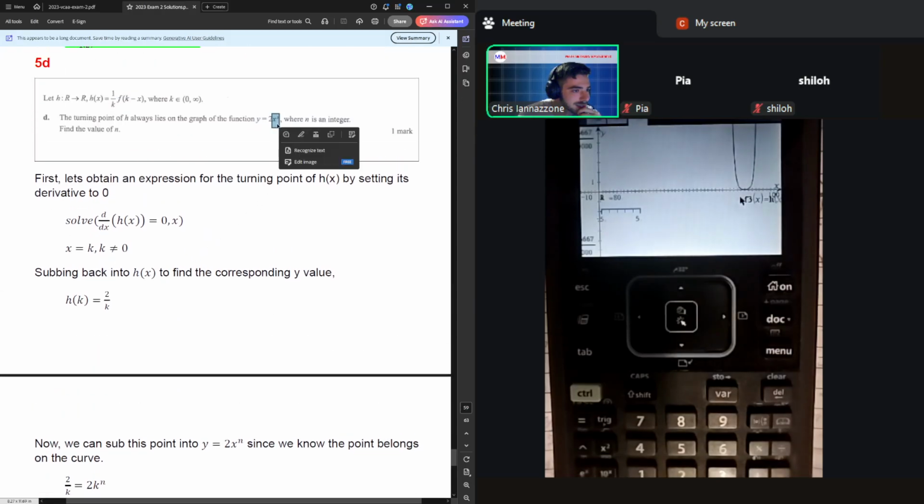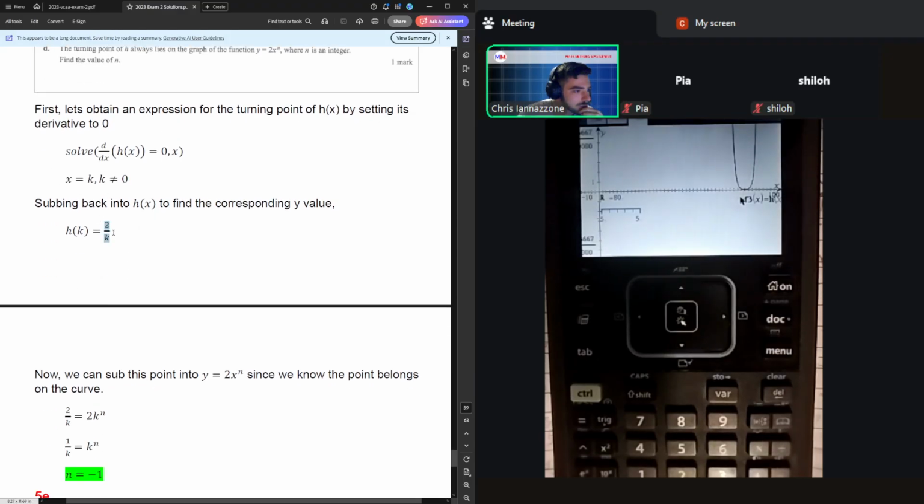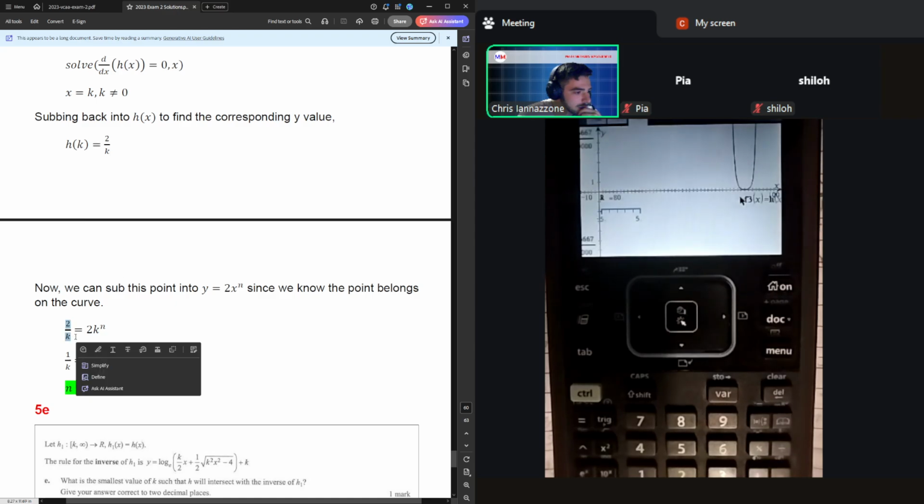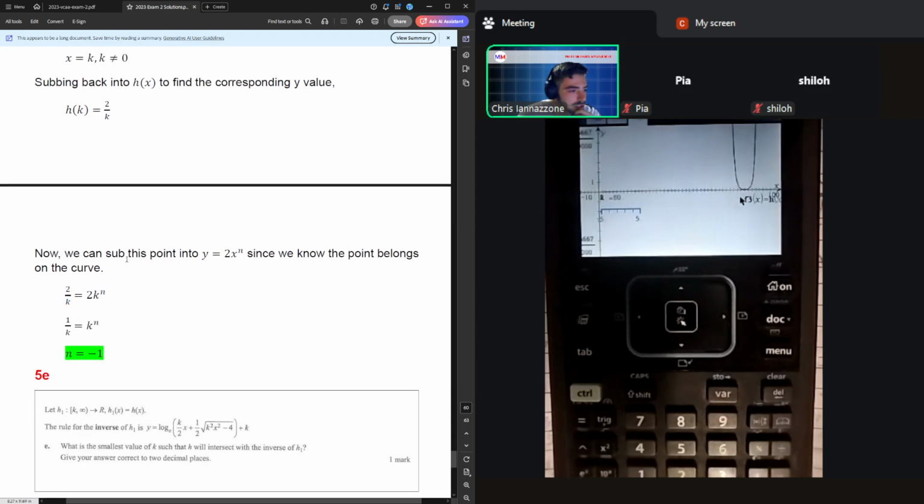Reminder, you just replace this x with a k, and then you've replaced the y with what you got, which is 2 over k. 2 over k equals 2k to the power of n. Simplify, and just by comparison, you can see that you don't necessarily need to eliminate k. You can just see that this is the negative index version of itself. n equals -1, which is either a CAS solve or you can just see that is the case.